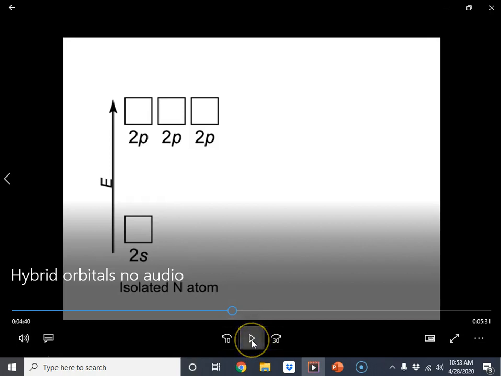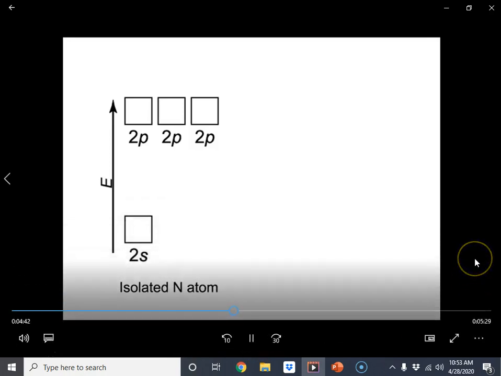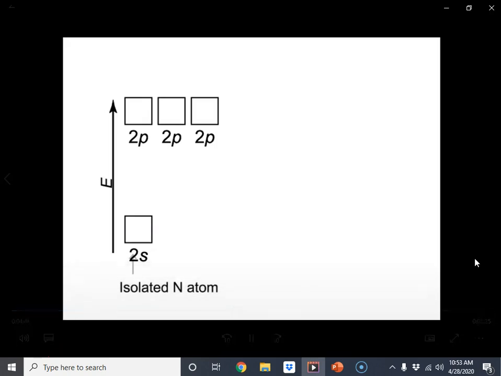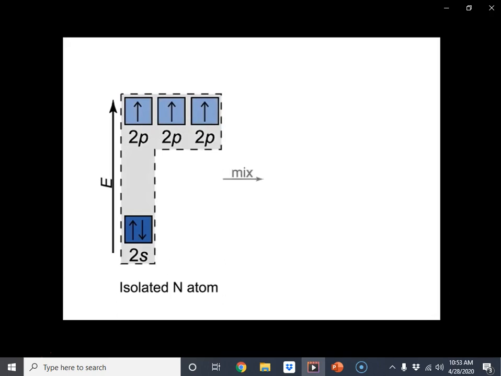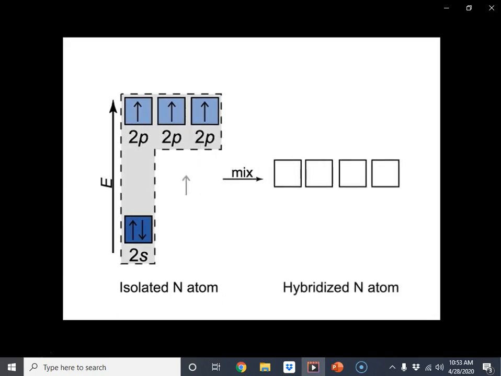So here we are, going back to our video, and here's nitrogen. It has 2 electrons in the 2s orbital, and it has 1 electron in each of the 2p's. We're going to mix them to form 4 sp3 hybrid orbitals. So that's why we have the tetrahedral geometry. But again, now we have 5 electrons.